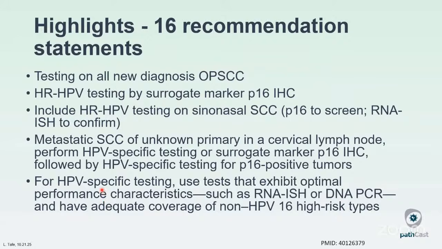And then I think this is just what I said, HPV-specific testing. You really want to use tests that exhibit optimal performance characteristics. So RNA-ISH actually performs much better than DNA-ISH. And so RNA-ISH or DNA-based PCR assays are really the preferred testing mechanisms for this specific testing.